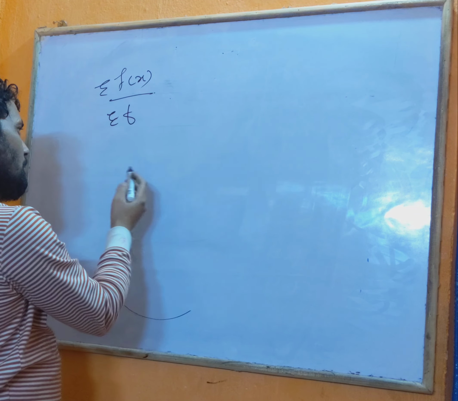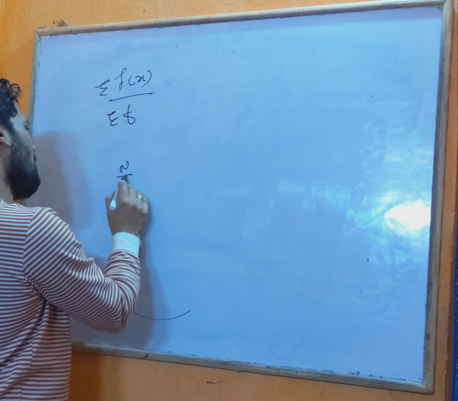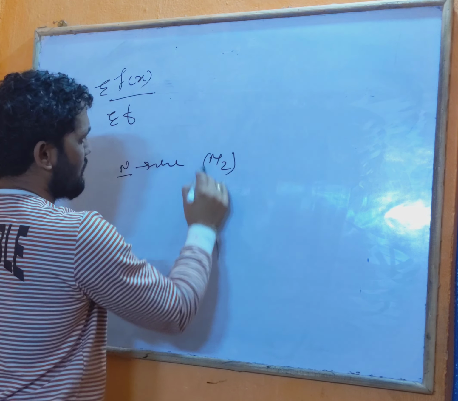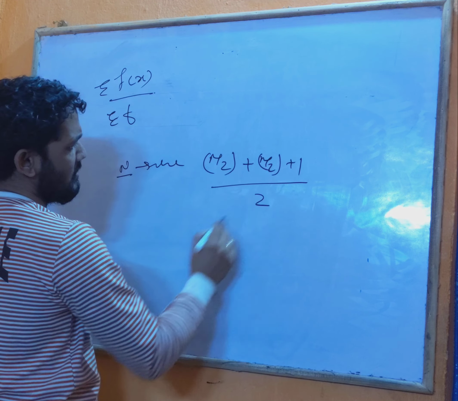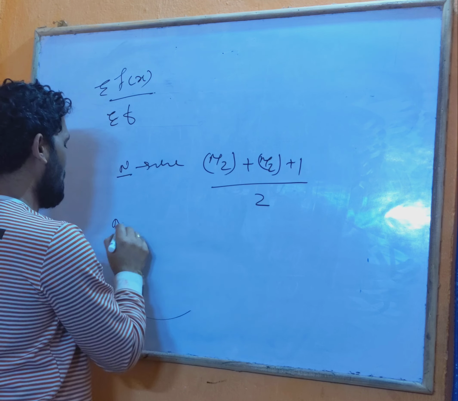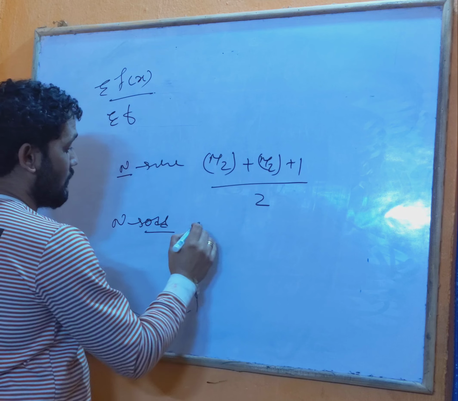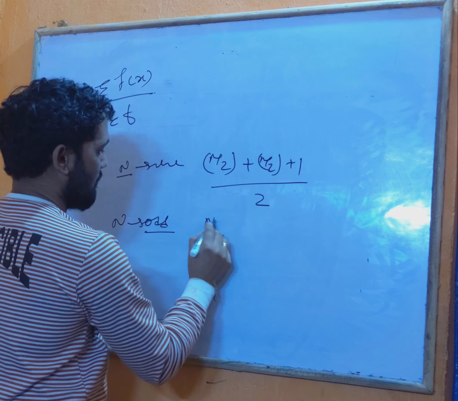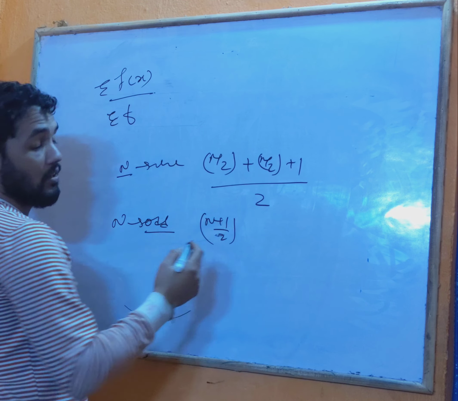What is the median for a simple observation? If n is even, the n by 2 observation plus the n by 2 plus 1 observation divided by 2 is your median. If n is odd, the n plus 1 by 2 observation is your median.